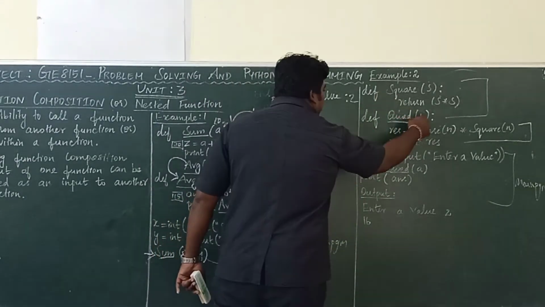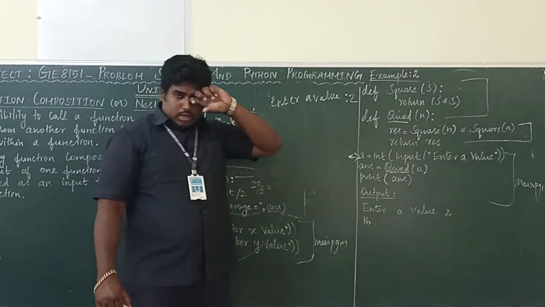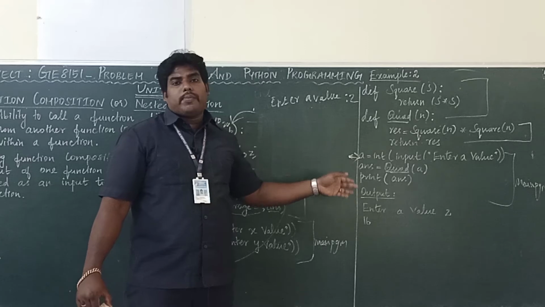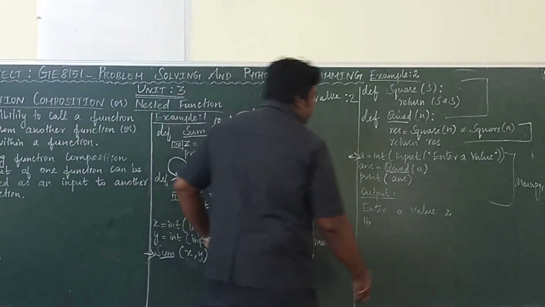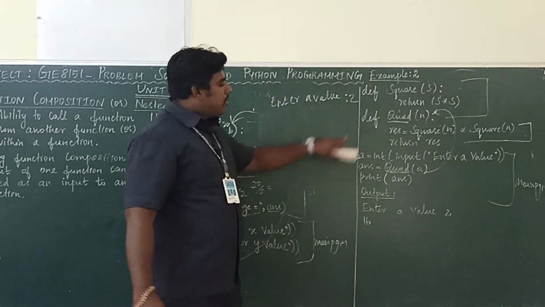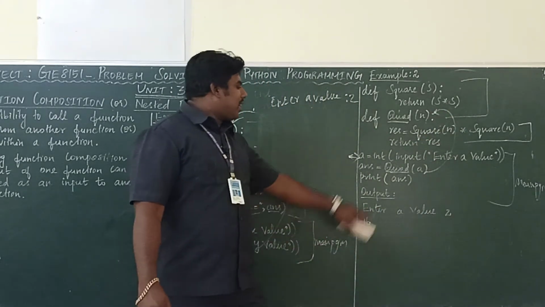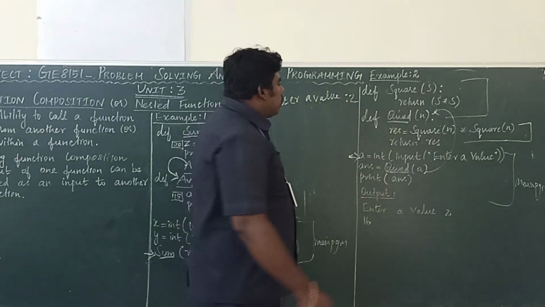Here how many parameters are there? 1. How many arguments? 1. So the number of arguments and number of parameters match. So what will happen? The control will be given to the function definition. At that time, what's the value? A is 2.